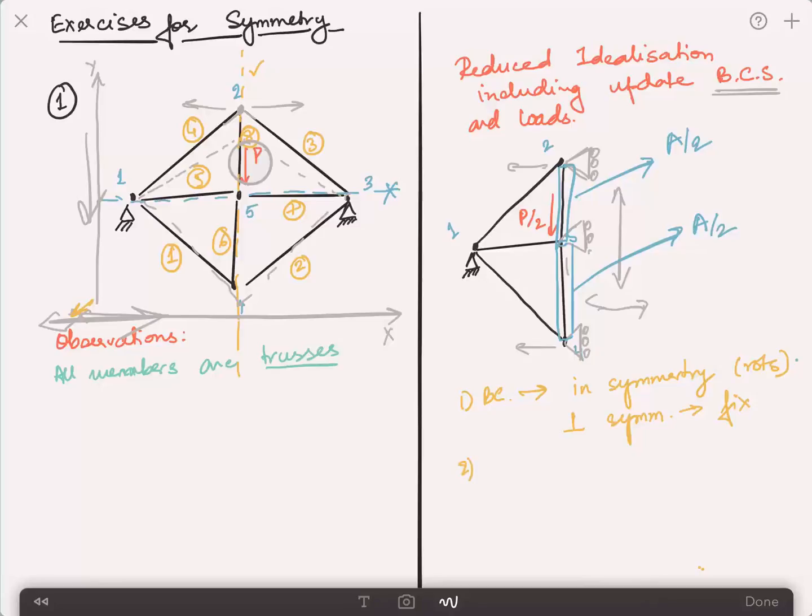When we had to use the loads, since the load was concentrated, I had to divide it. And then finally, if I have geometry that is present at the symmetry plane or symmetric axis, I also need to divide the area accordingly.